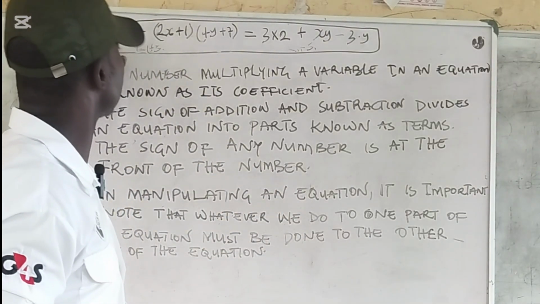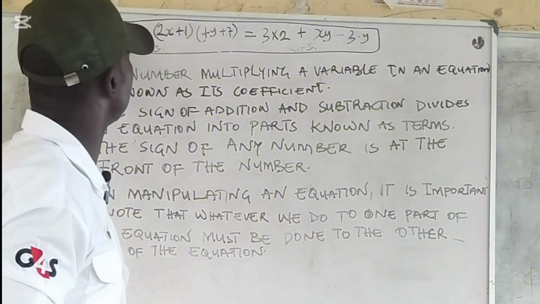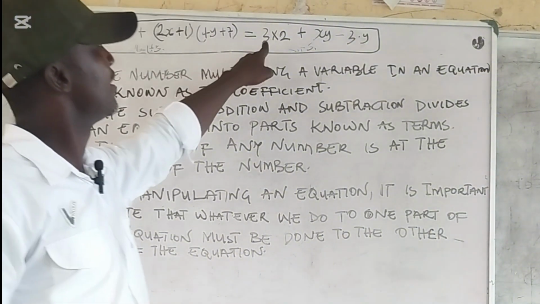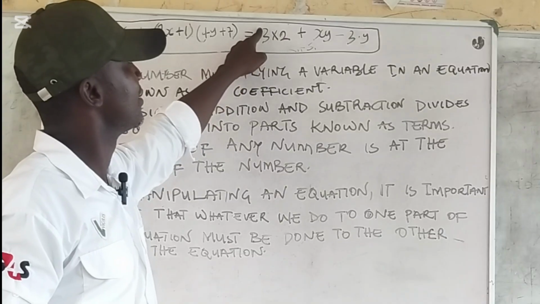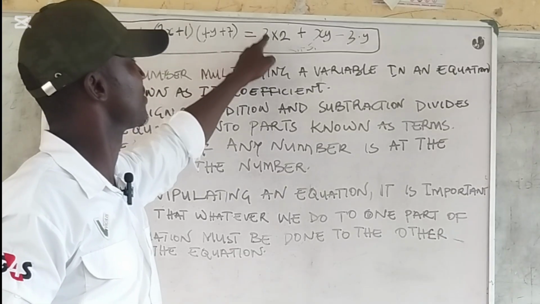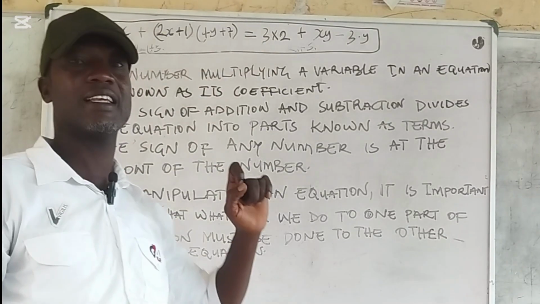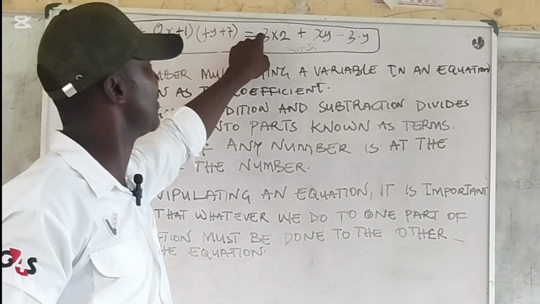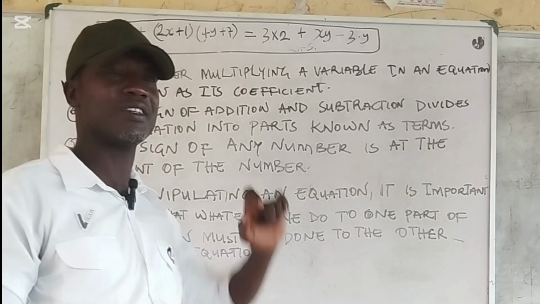So for 3x, there should be a plus here, but by convention, it's not usually written. So it is plus 3x. For 3 times 2, the sign here is plus because we didn't indicate. If it was minus, then we must include the minus sign at the front.